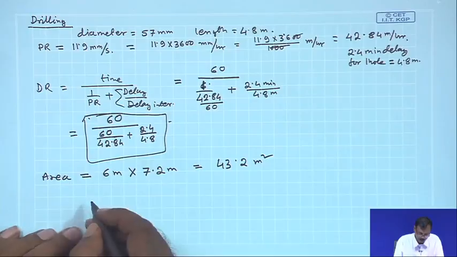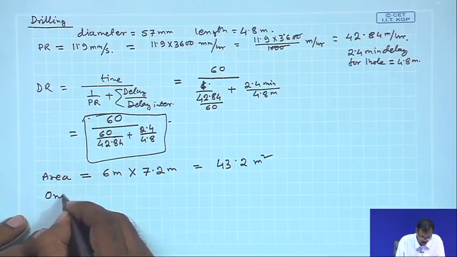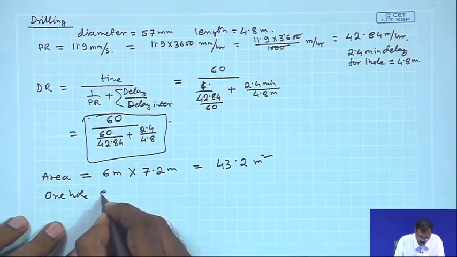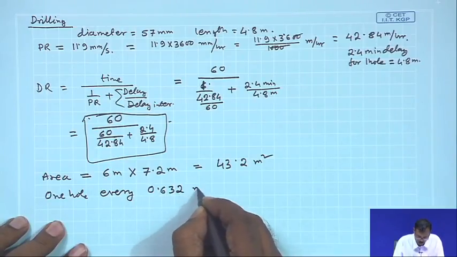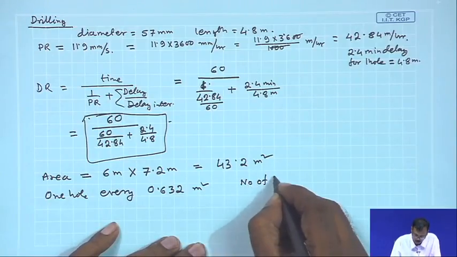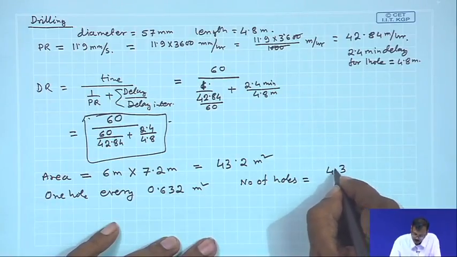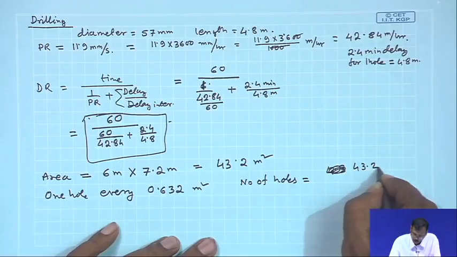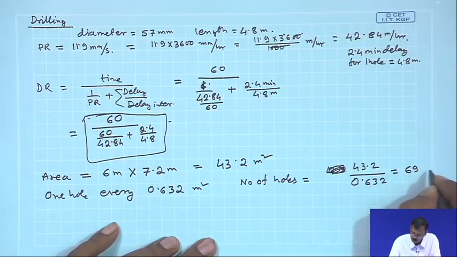And one hole must be drilled in every 0.632 meter square. So, the number of holes required to be drilled is 43.2 by 0.632, which is equal to 69 holes.